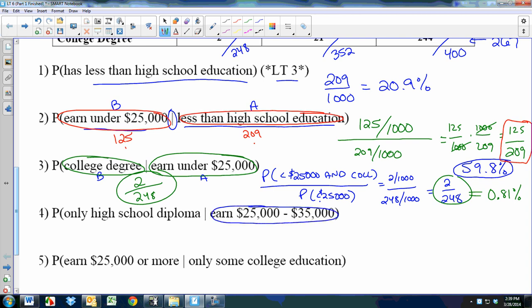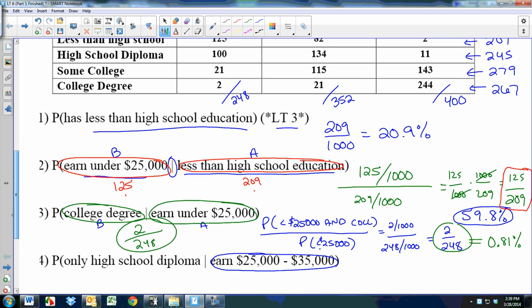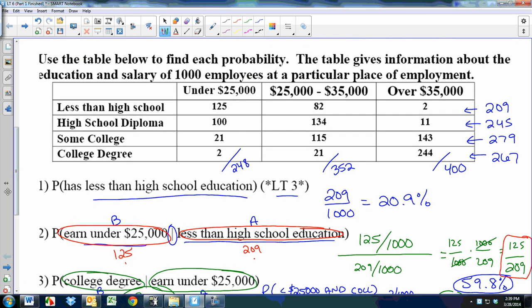The easier of the 2 ways, again, is to take the given information. So at number 4, it's a given that the person earns 25 to 35,000. Take that and reduce the 1,000 employees down to however many fit that description. If we look back at the table, from 25,000 to 35,000, there's a total of 352 people.